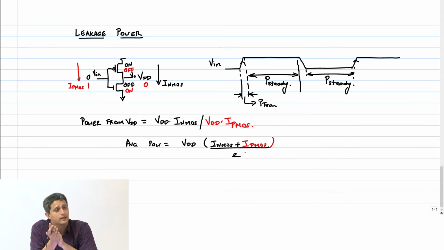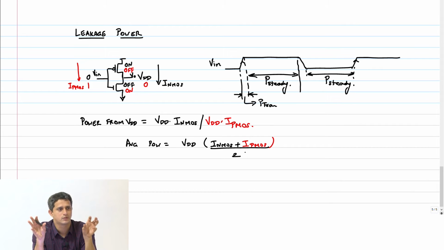So unlike dynamic power or short circuit power, this does not depend on the clock frequency. But if I ask you what is the leakage energy, then I have to tell you for how long, because it consumes this much power, and if I multiply it by the time, then I will get the total leakage energy. Okay, so one is dominated by energy, the other is dominated by power, right?